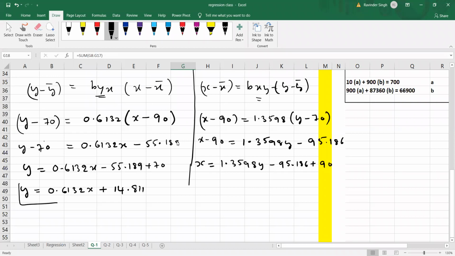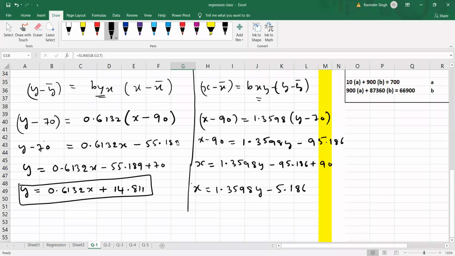So this is the regression line equation of y on x, and here I will get x is equal to 1.3598y minus 95.186 plus 90. So here I am getting minus 5.189. So now we have got the regression line equations of y on x and x on y.